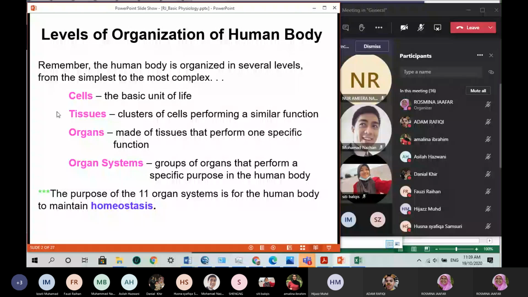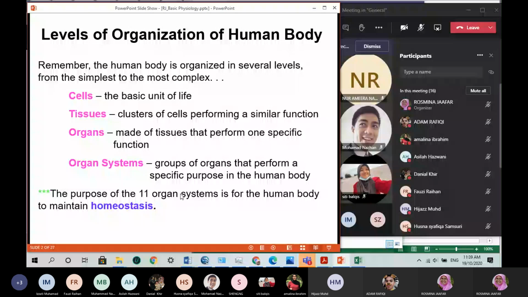Then the tissues group together to make up organs, so you have organ systems. And when everything works as a unit, as a dynamic system, you produce a whole human body.